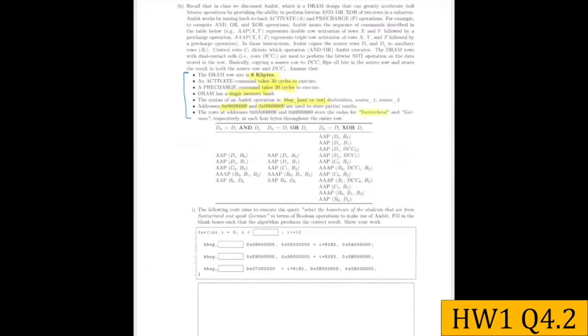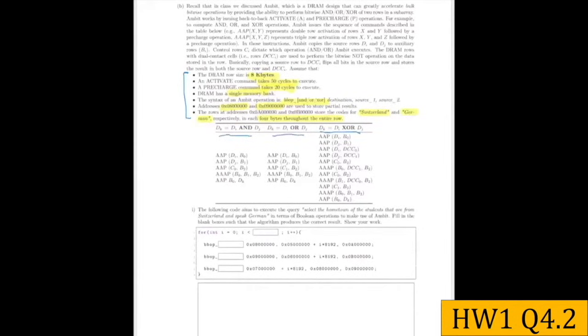So Switzerland or German over here. And it also says that each of those elements is stored in 4 bytes throughout the entire row. Over here we have the sequence of AAPs that are used to do an Ambit AND operation or XOR operation. And then the question starts.